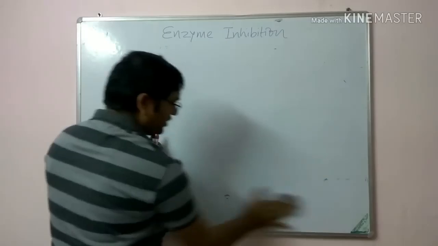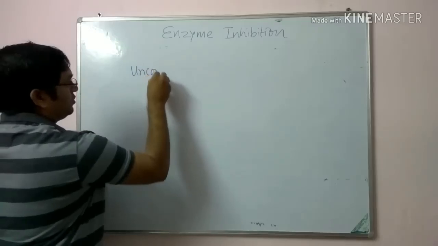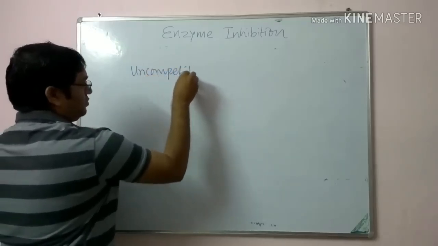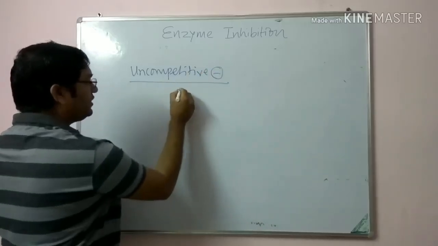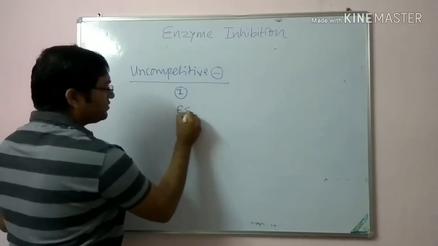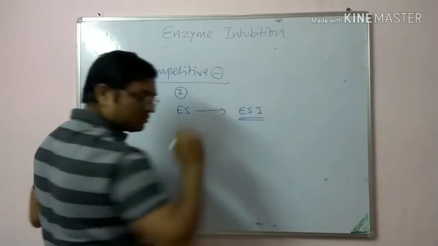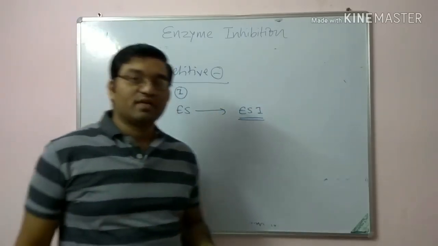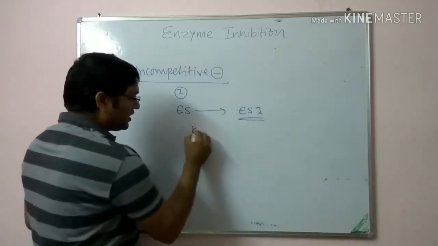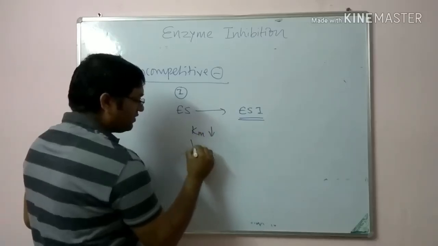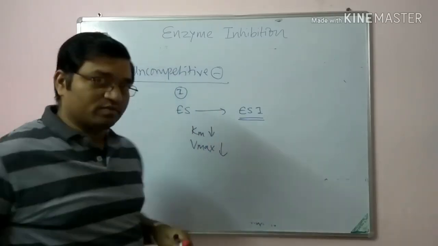In uncompetitive inhibition, the inhibitor binds with the enzyme substrate complex to form an enzyme substrate inhibitor complex and brings about a decrease in the activity of the enzyme. Both Km and Vmax decrease. So this is all about uncompetitive inhibition.